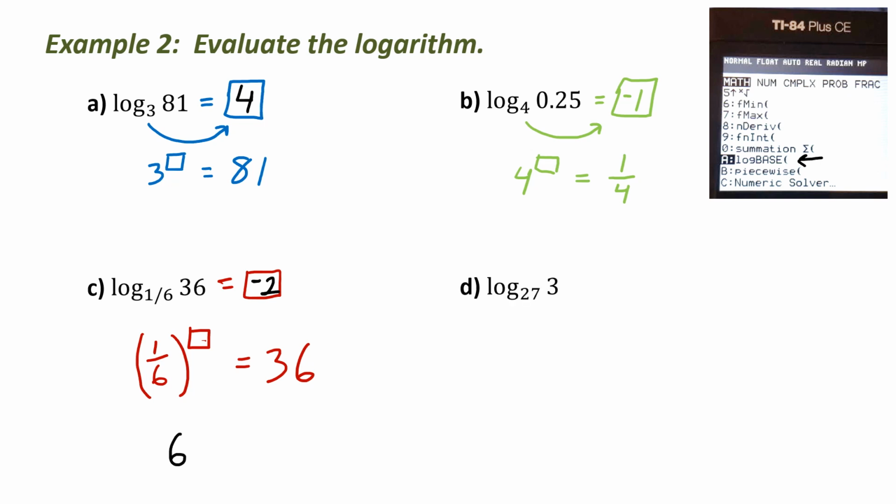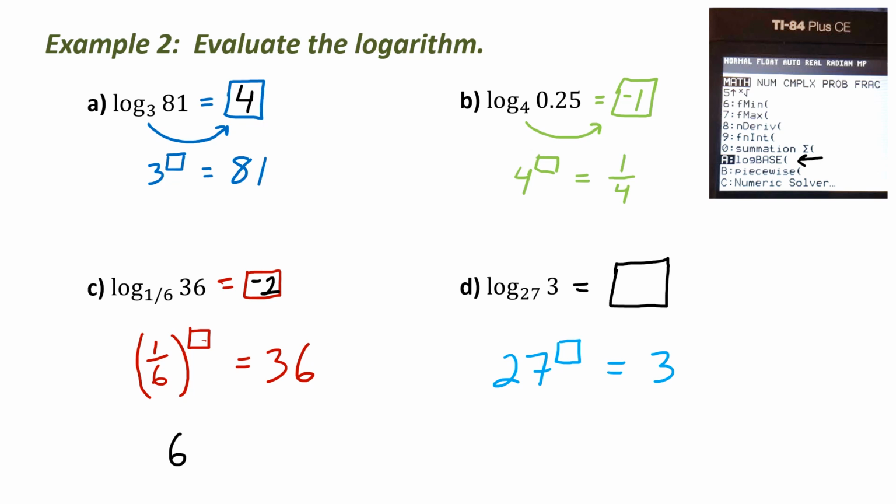And last one, log base 27 of 3 equals what? So 27 to what exponent equals 3? All right, it's got to be something that made the number smaller.